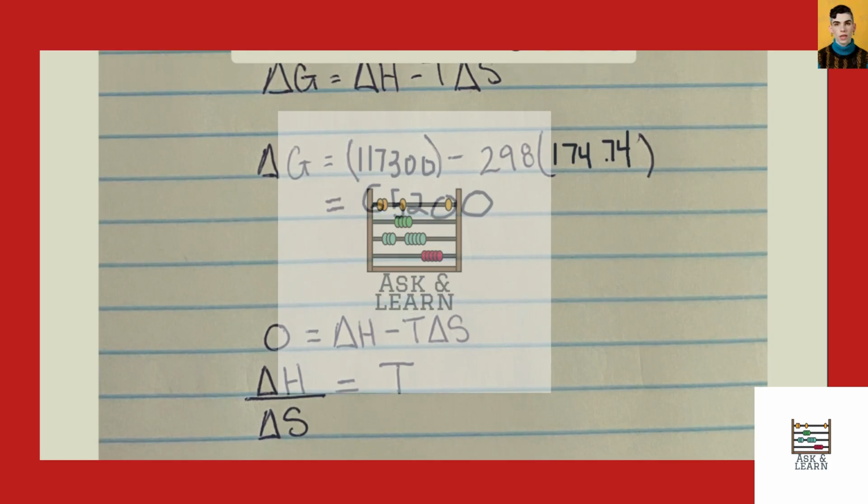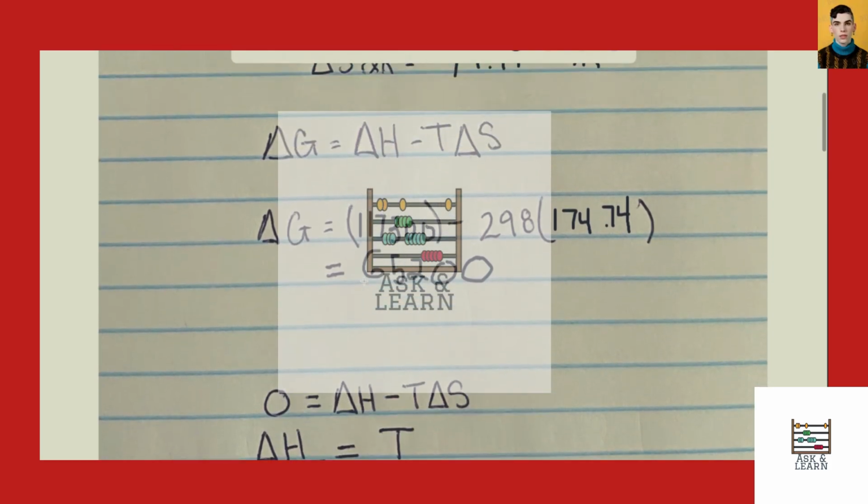If we want to find what the temperature is going to be to make the reaction spontaneous, we can use this same equation, but we're going to plug in 0 for our delta G. By doing this, we're able to find the temperature at which the reaction goes from non-spontaneous to spontaneous.